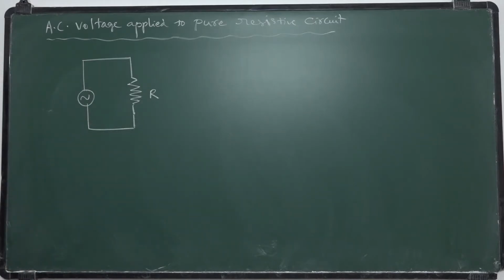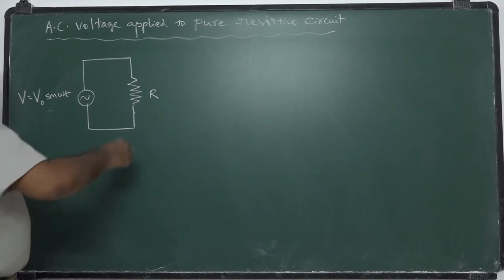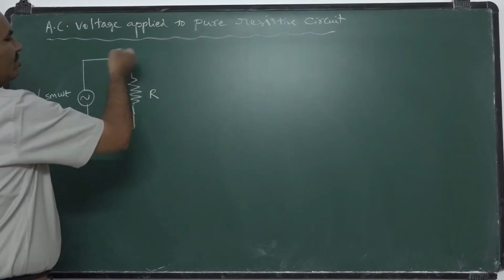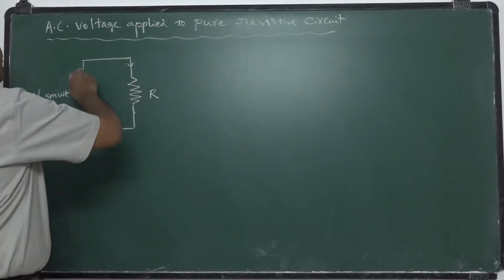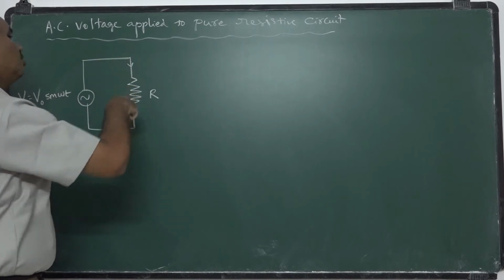You are applying a sinusoidally varying alternating voltage. That means V is equal to V naught sin omega t is the general form of the voltage applied to it. It is periodically changing its direction, so we cannot strictly specify the direction of current. Let us suppose for the time being that at a given instant current is passing like this.